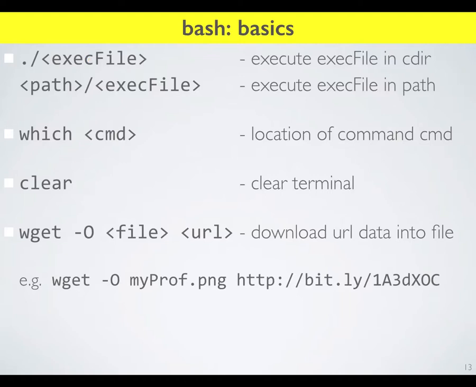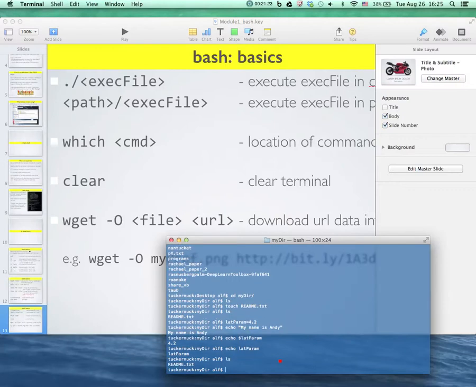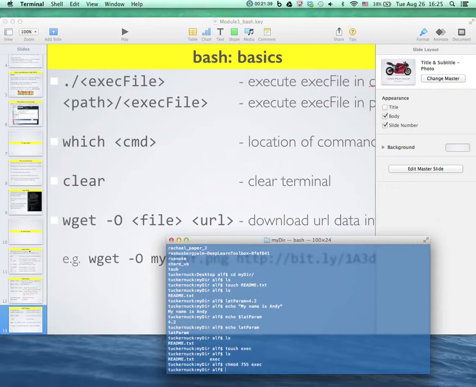Okay, and when we actually get to using molecular dynamics and DFT codes, we'll be executing these things all the time, so we'll get some practice doing that. Let's look in my directory. So imagine we make an executable called exec. Okay, so exec lives in there. We might want to change the mode to 755 exec to give us read, write, and execute privileges, and give the rest of the world read and execute privileges.